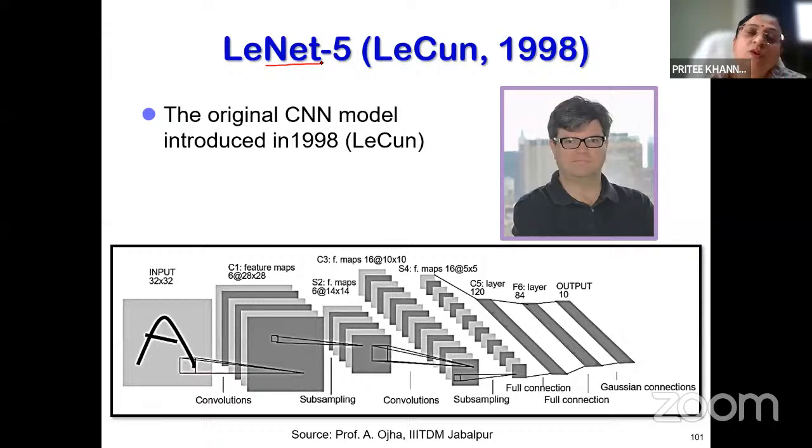LeNet was one of the earliest convolutional neural networks that promoted deep learning. LeCun, who is shown here, at Bell Labs, first applied backpropagation. As you can see, learning is possible not with feed forward only, but with backpropagation, where the weights are learned.